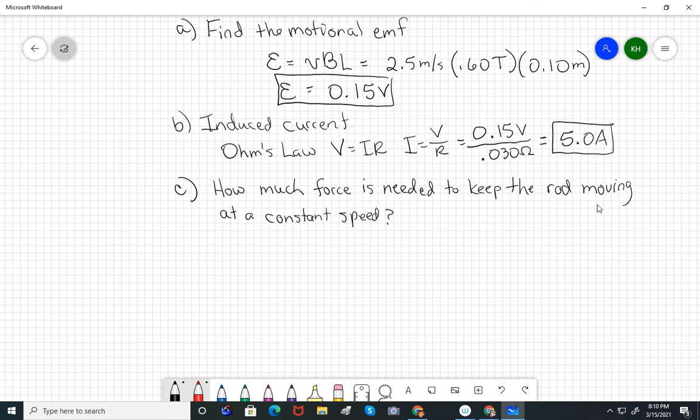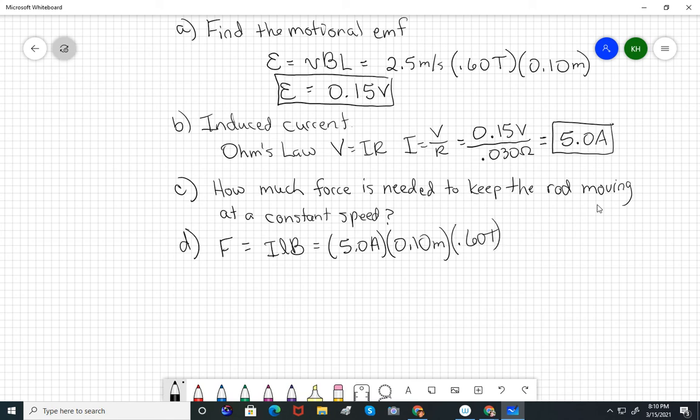So how do I get a force on a conductor? I go back to that formula. The force on a conductor is equal to ILB. And in this case, our current was 5 amps. The length of that conducting rod is 0.10 meters, and the strength of that magnetic field is 0.60 Tesla.